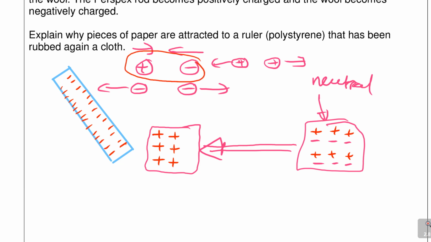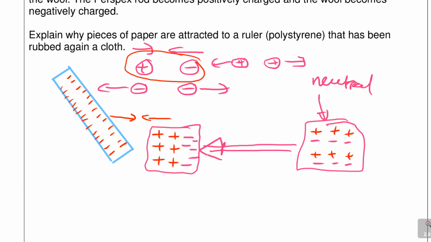So the negative from the ruler will draw the positive, so that there is attraction. But the other negatives, because they are repelled by this other negative, will be on the far end. You'll see them on this side like this.